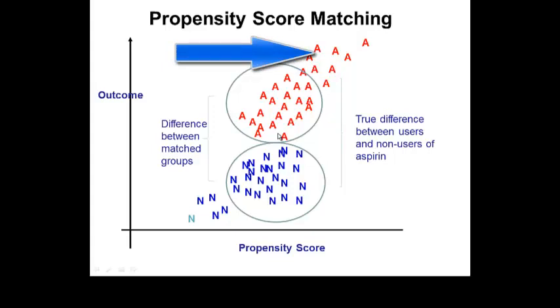And these patients are so sick that you couldn't find people without aspirin who are as sick as these patients. Because if you're a doctor, you will place every sick patient on aspirin, right? So you can't find sick patients not using aspirin.